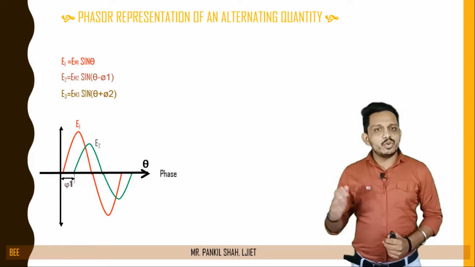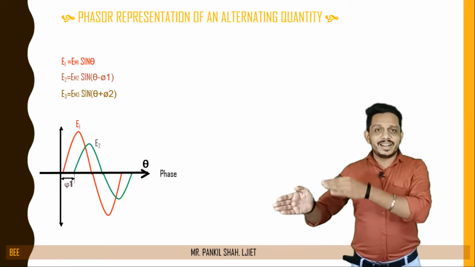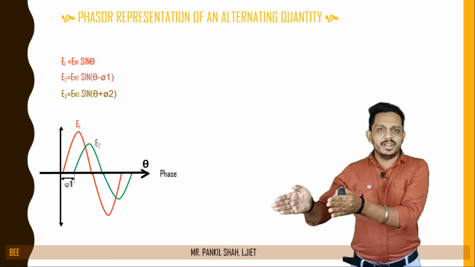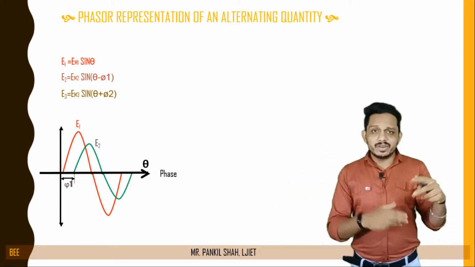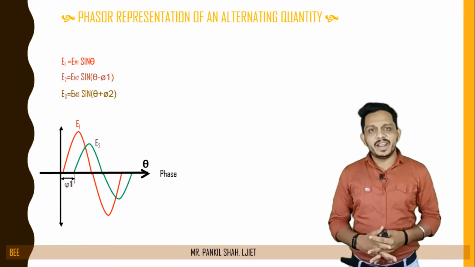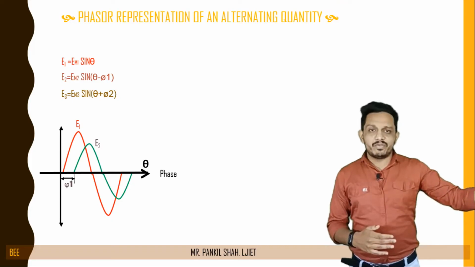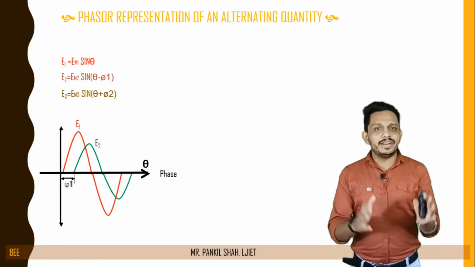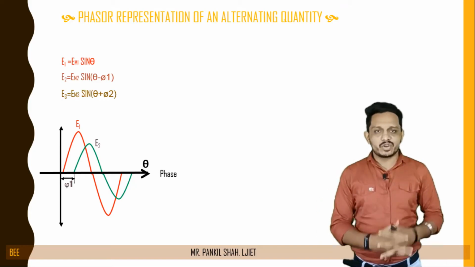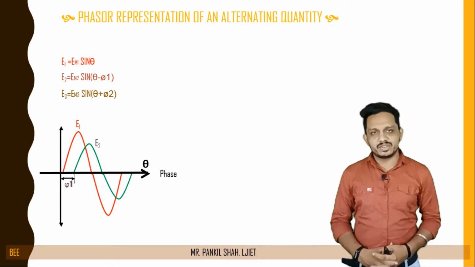Our first quantity started at 0, while the second quantity started after it, at phi 1 degree. The first quantity is completed at 2 pi, but E2 is not completed yet. It will complete its one full cycle phi 1 degree after the completion of the first quantity. So the second quantity is lagging behind the first one, starting late by some angle from our reference quantity.